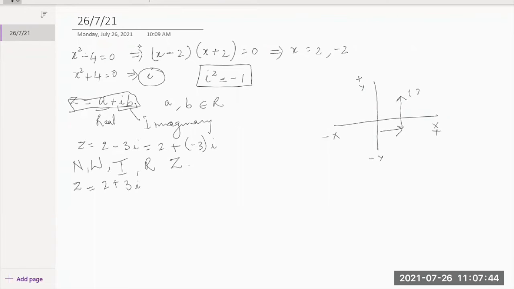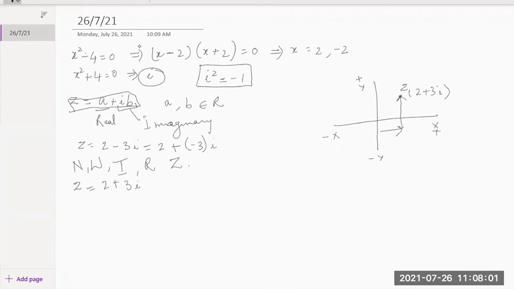This gives me 2 + 3i, the location of my first z. Movement is like the coordinate axes: first parallel to the X axis, then parallel to the Y axis.